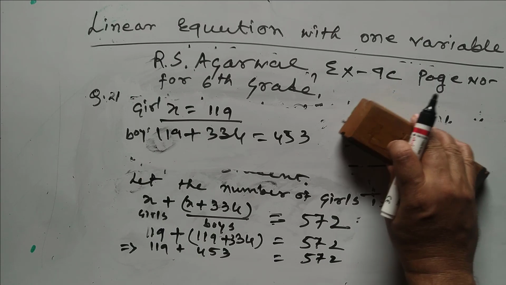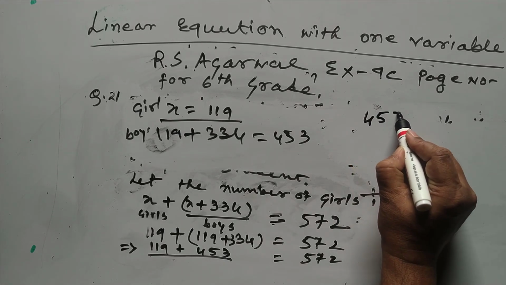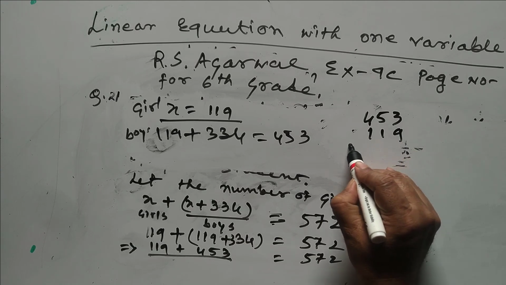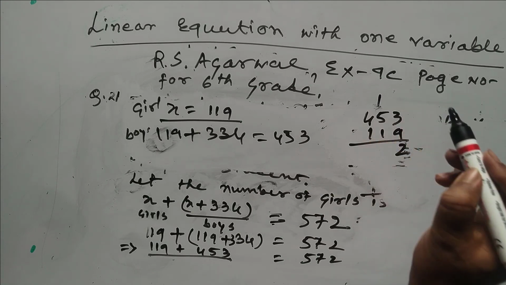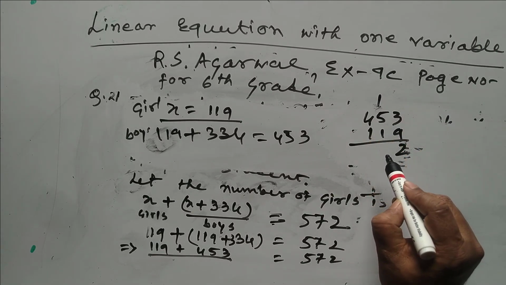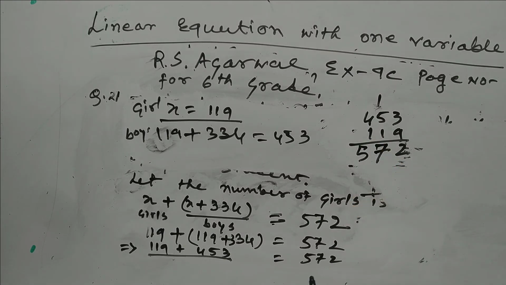Now you sum these numbers: 453 plus 119, that is 12, 2, carried over 1, 5 plus 2, 7, 4 plus 1, 5, 572. So LHS equals RHS, our equation is correct.